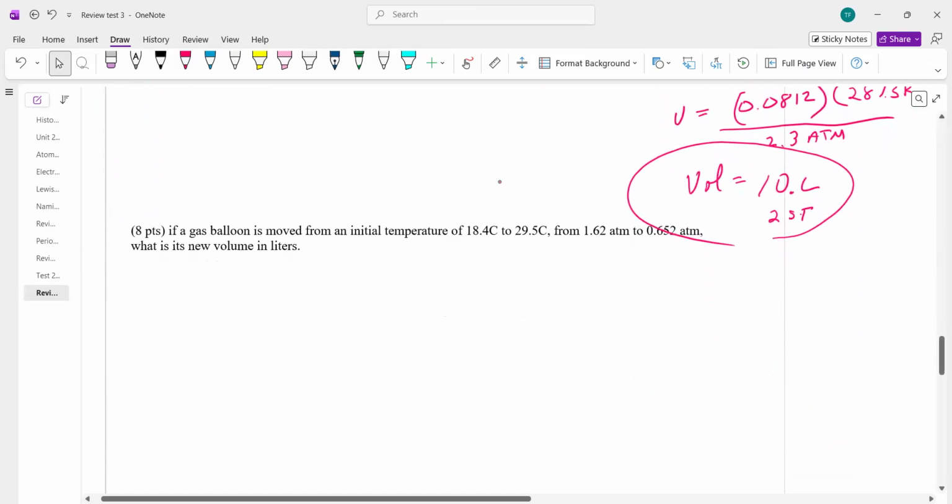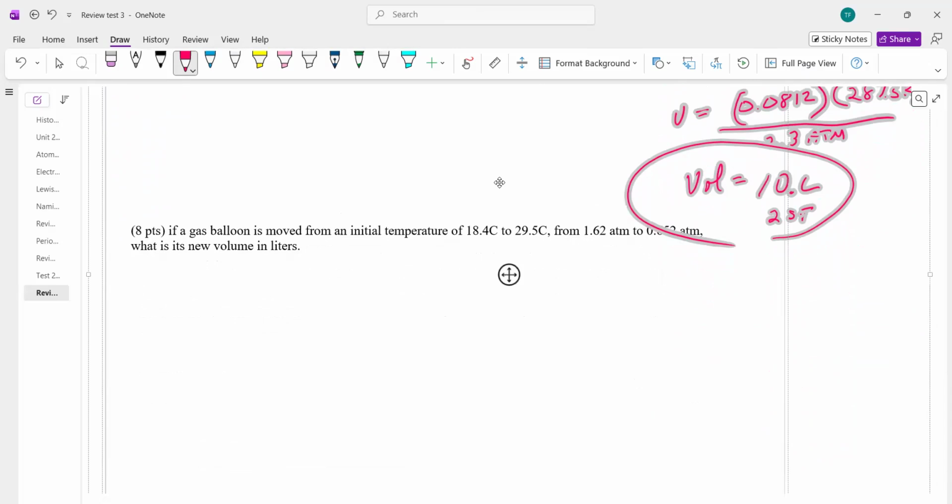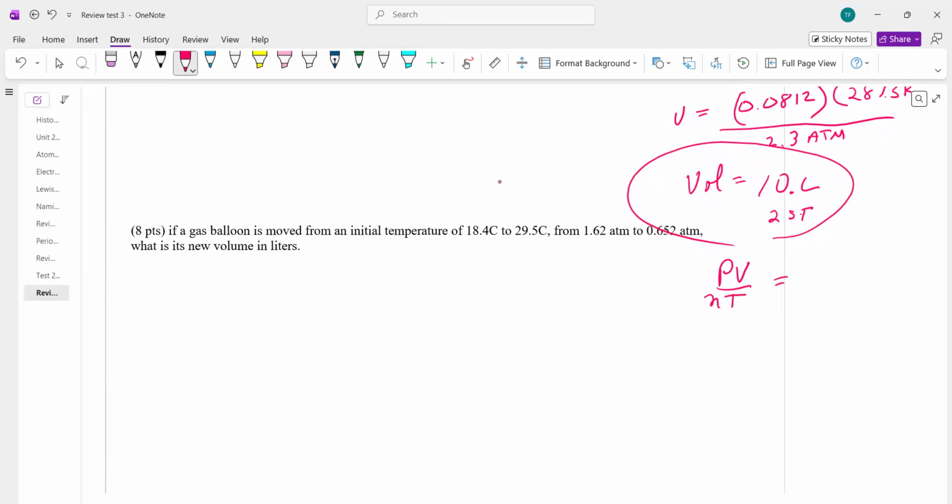All right, now we've got changing conditions. When conditions change, we're going to use this relationship.